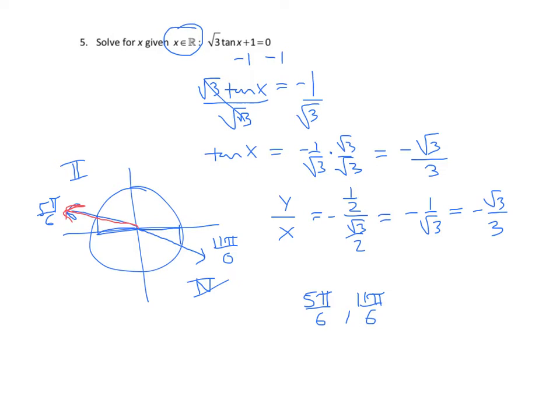Making another half circle, I get an angle coterminal with 11 pi over 6. And so what we can do is just 5 pi over 6 plus any number of half circles, and we call that pi k, so any multiple of pi where k is some integer. And that would be all the angles that have a tangent value of negative root 3 over 3.